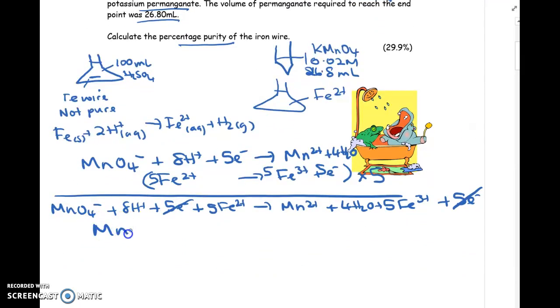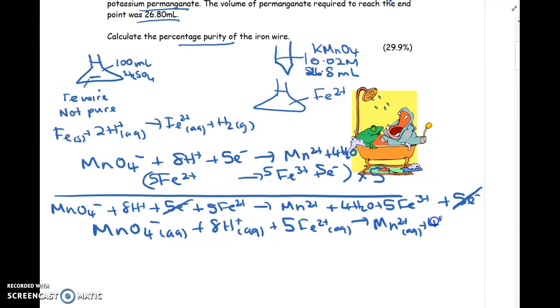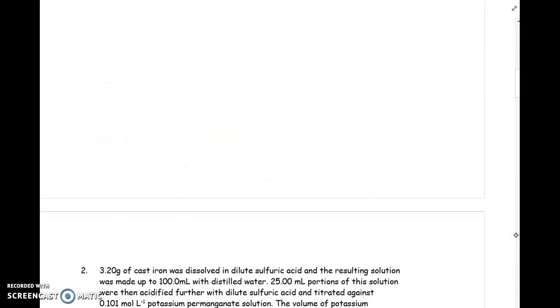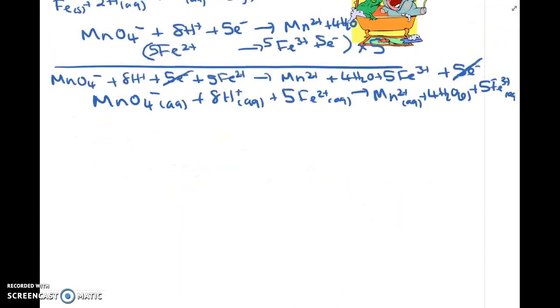So the overall equation is permanganate plus 8 hydrogen ions plus 5 iron 2 ions goes to manganese 2 ions plus 4 water plus 5 iron 3 ions. Now when you were doing this reaction, what you would see is this deep purple colour will go to a brown colour.